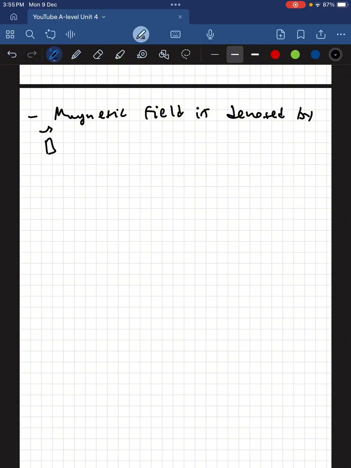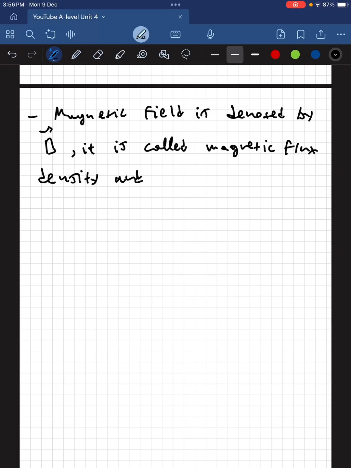So the magnetic field is denoted by B. It is called magnetic flux density, and it is measured in units of Teslas.